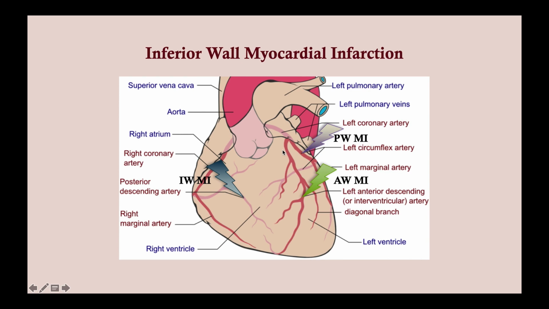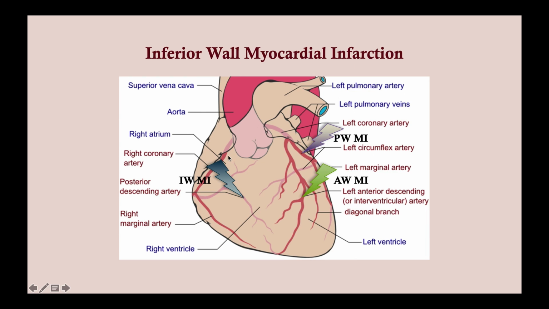A posterior wall MI, and this is just for review, is also going to come off the left coronary artery, but that's going to be from the left circumflex. And an infarction of the left circumflex can also, if it's further down, cause a lateral wall MI, which I didn't label here.